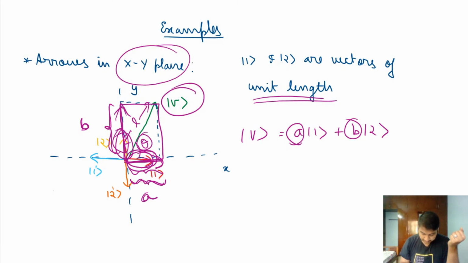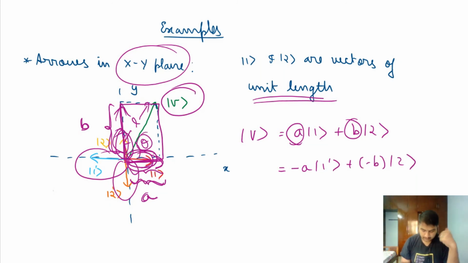Similarly, if I choose a different basis, so let's say that I choose these two vectors as the basis, 1 dash and 2 dash. If they also have the same unit length, then the same expansion would be minus a times 1 dash plus minus b times 2 dash. Because the only difference between these two vectors and these two vectors is that they are pointing in opposite directions.